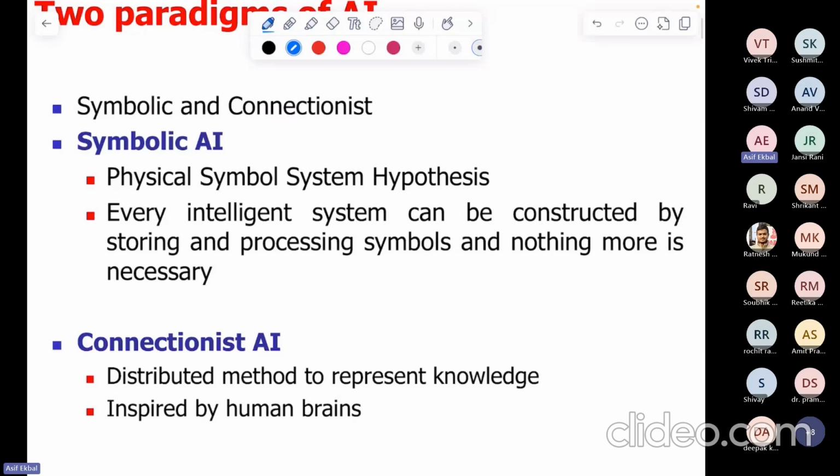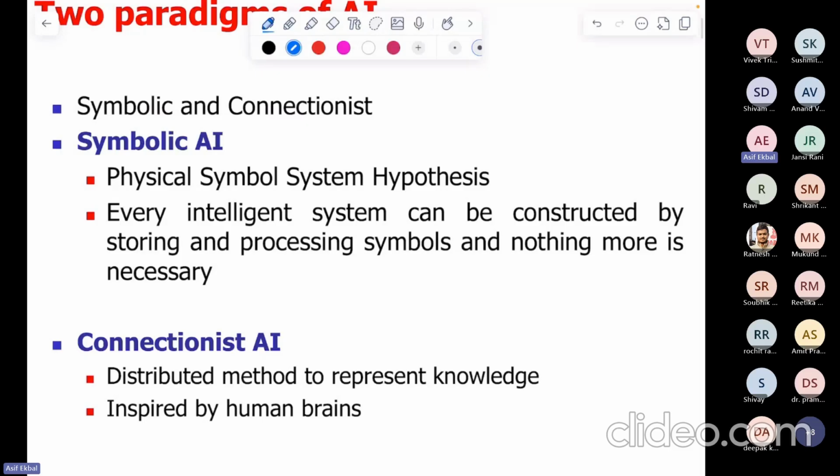It has a lot of similarity with what you might have studied if you have a computer science background: Turing machines, finite state automata, where everything is represented as a symbol in terms of a string, and then we decide whether a given string belongs to a particular language or not. So you can draw an analogy between what symbolic AI does and how Turing machine-based computation is implemented.